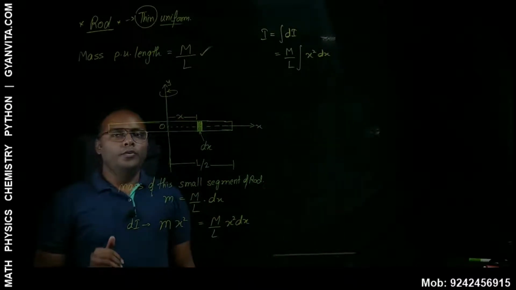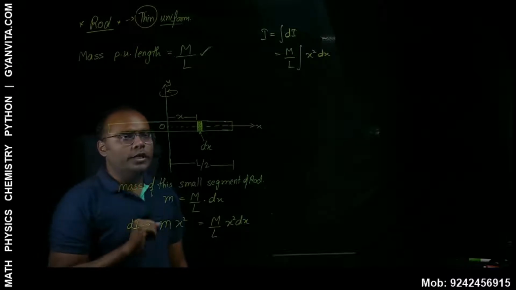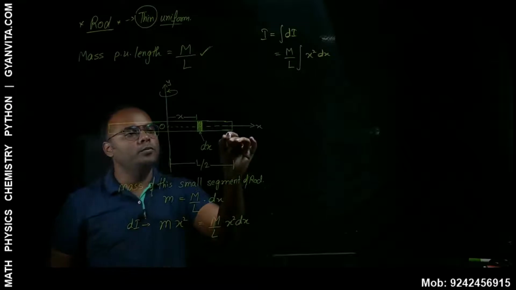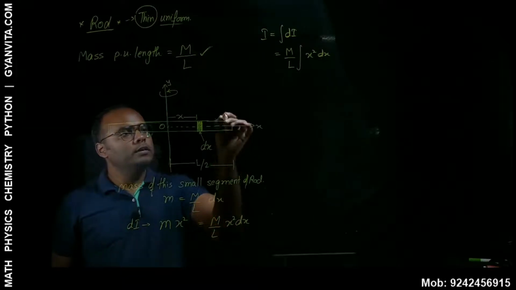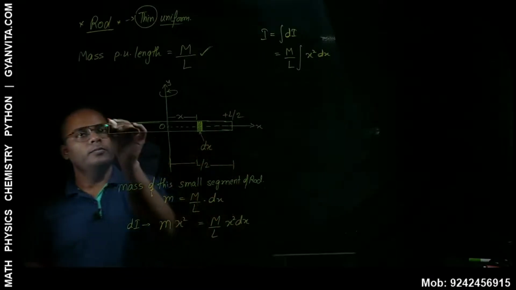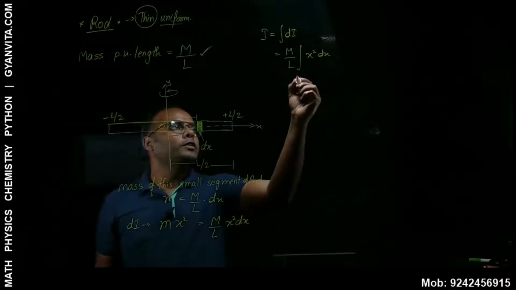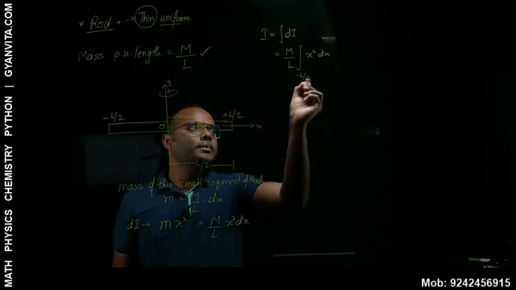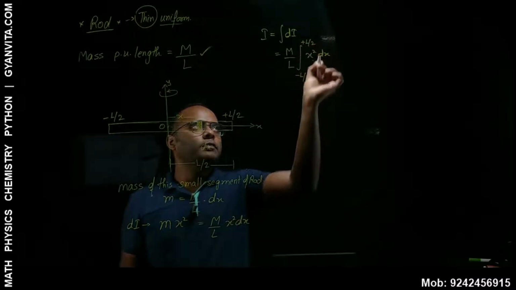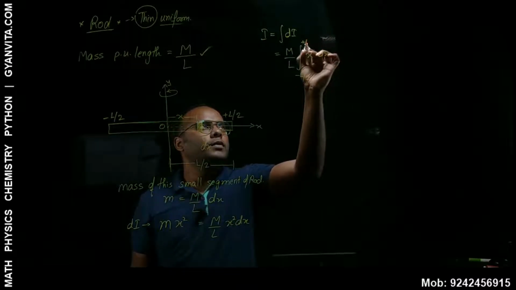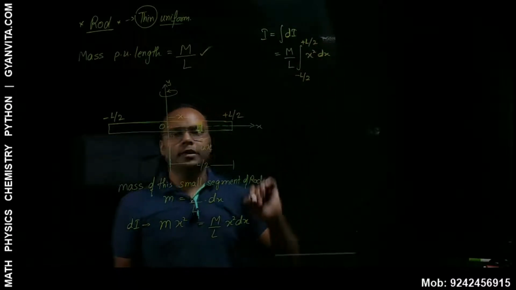You can't write 0 to L, because it is only L by 2 on each side: plus L by 2 and minus L by 2. So the limits will be x equals minus L by 2 to plus L by 2.